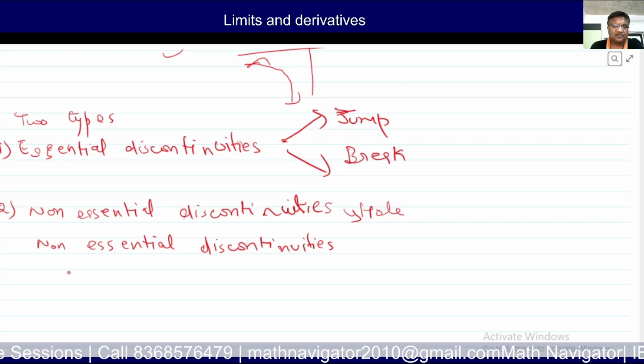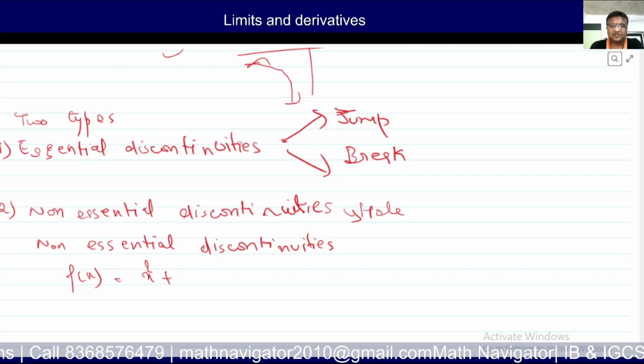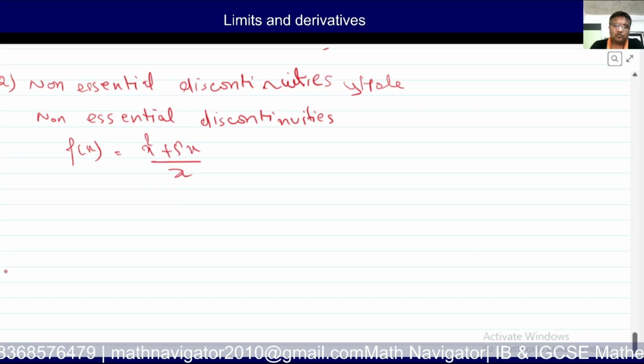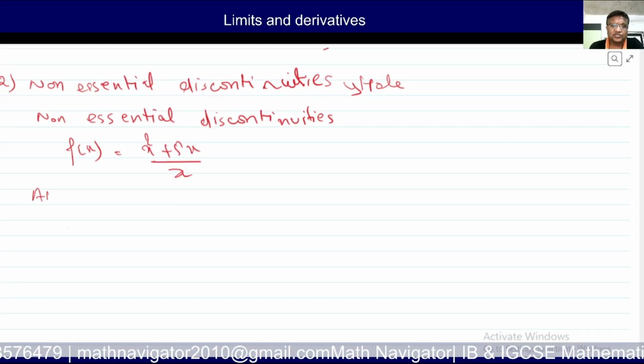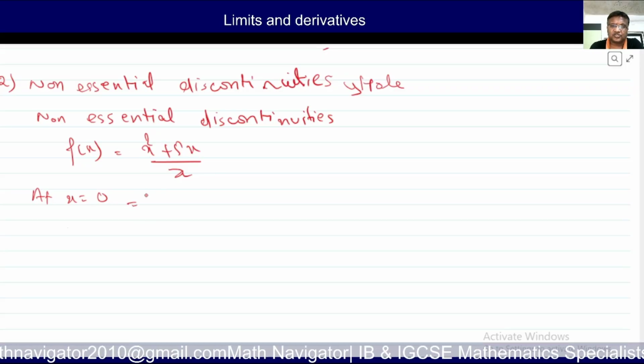Like let's say if I have a function (x squared plus 5x) over x, right? But what will happen at x equal to 0? This will become 0 over 0, which is undefined.